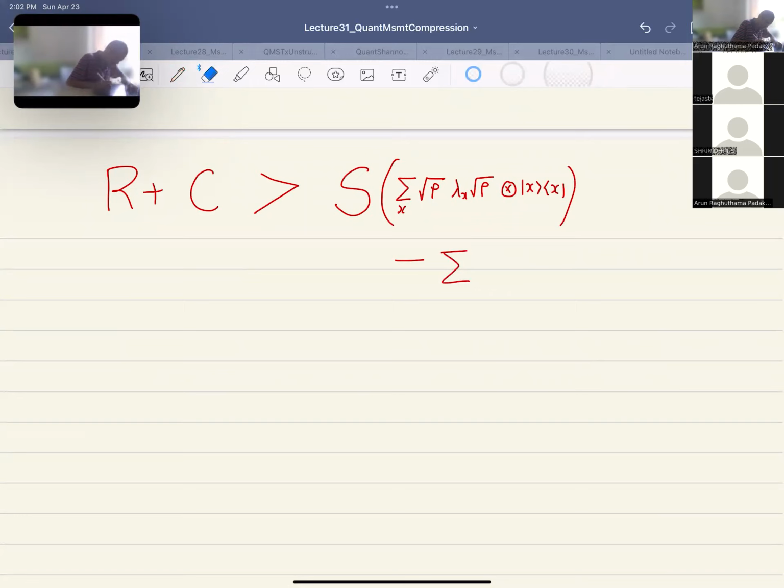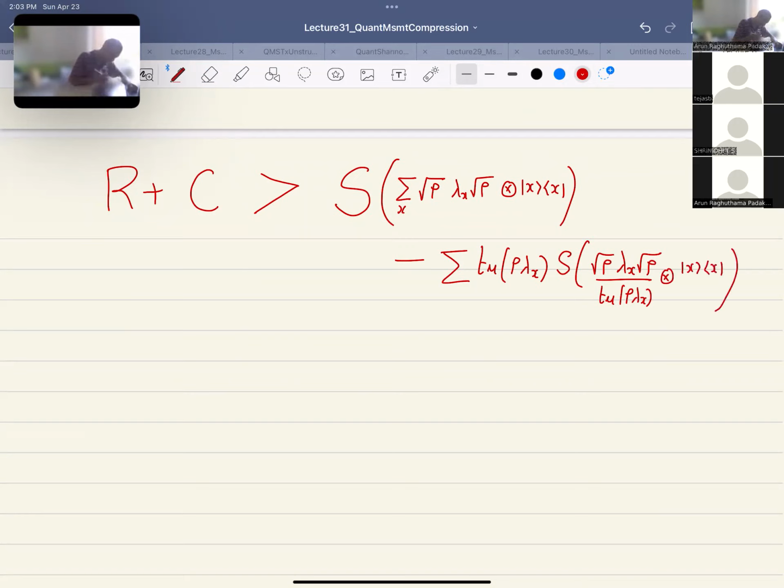I'm just writing it down. This is a state. This is your R plus C, Km. That's the first term, and the second term gives you this.